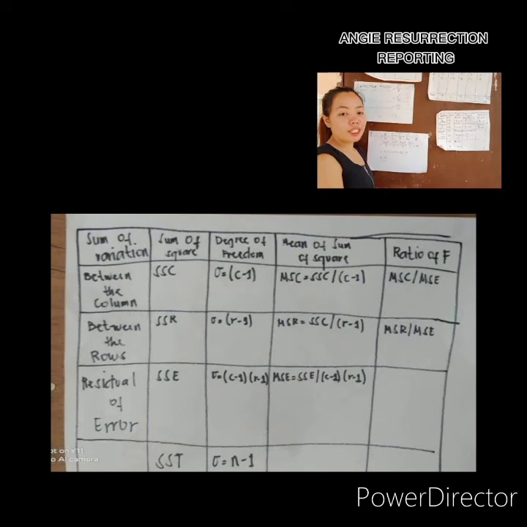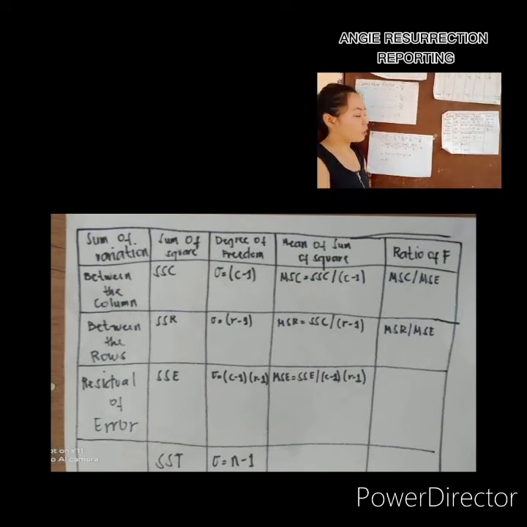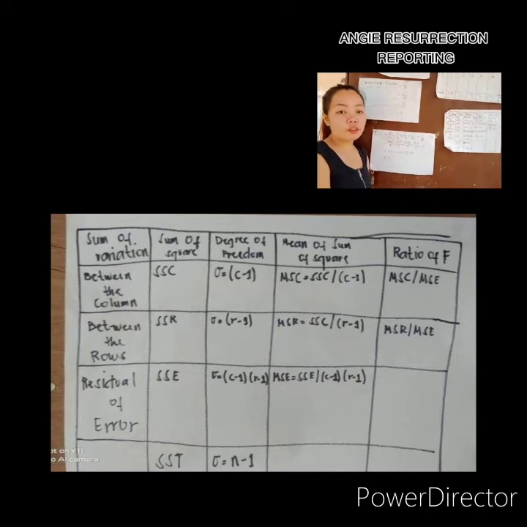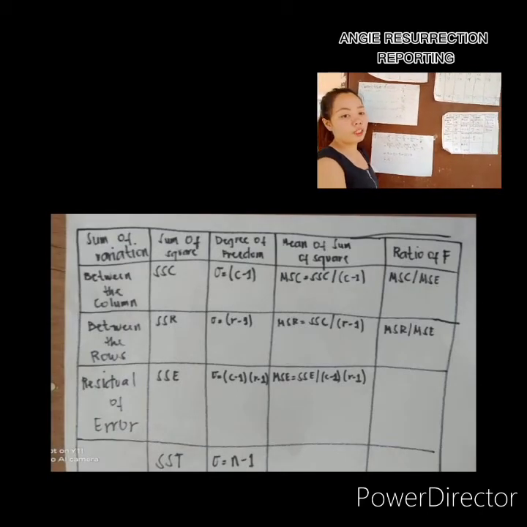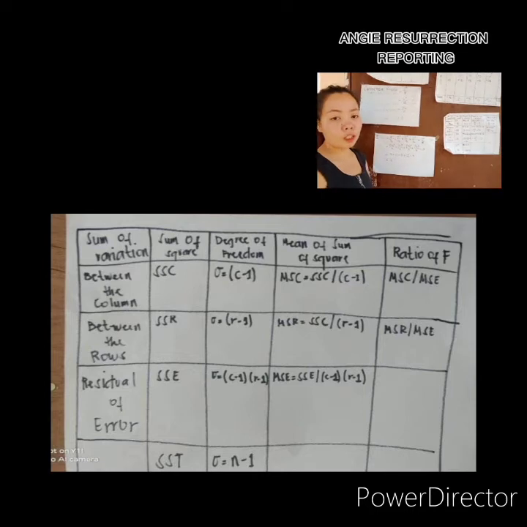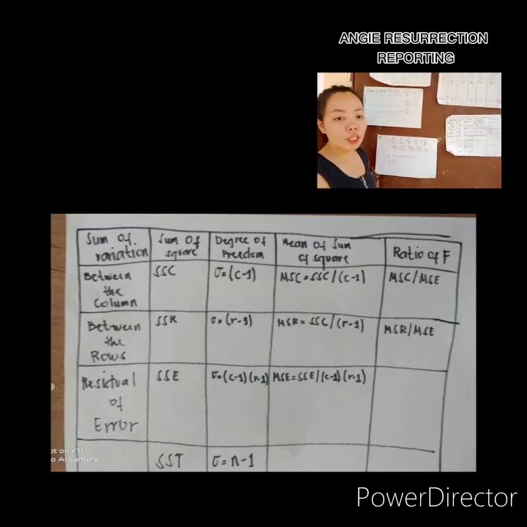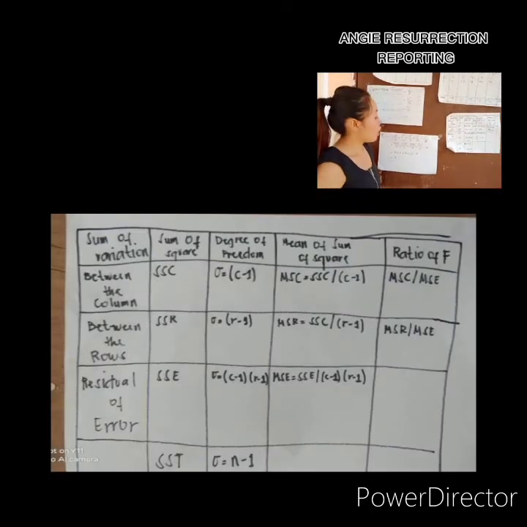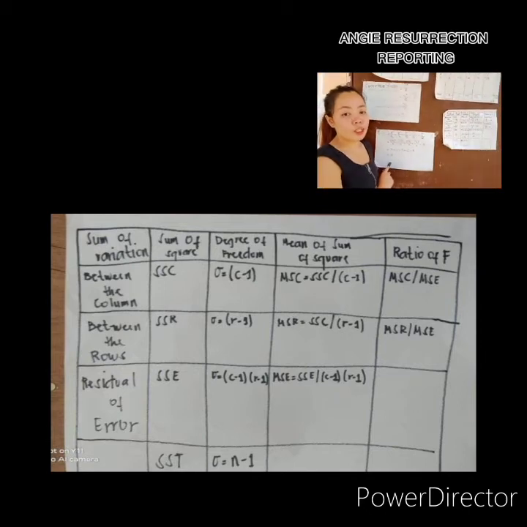Now coming to the second step of two-way ANOVA, which is the calculation of SSC, the sum of squares between the columns. This is calculated by squaring each column total, dividing by the number of observations, and subtracting the correction factor.